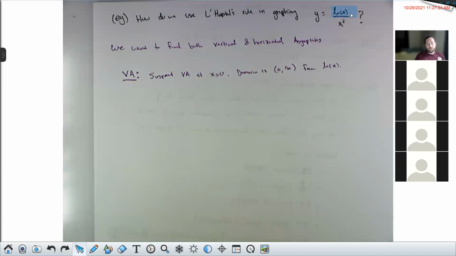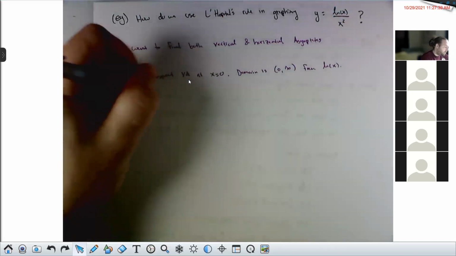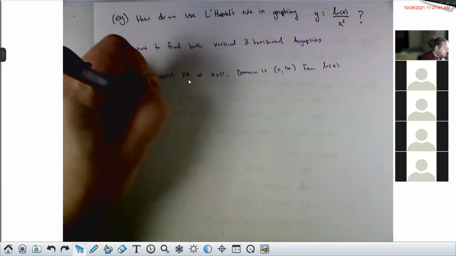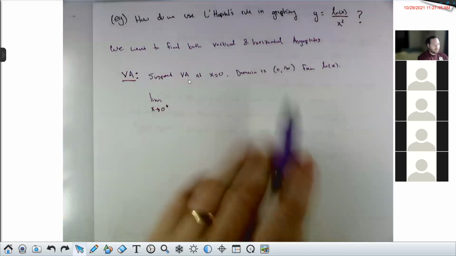But the natural log can only take positive inputs. So we suspect a vertical asymptote at 0, and my domain is just numbers bigger than 0. So if I want to investigate that suspected vertical asymptote, I should look at the limit as x approaches 0 from the right, because I got to stay in my domain.